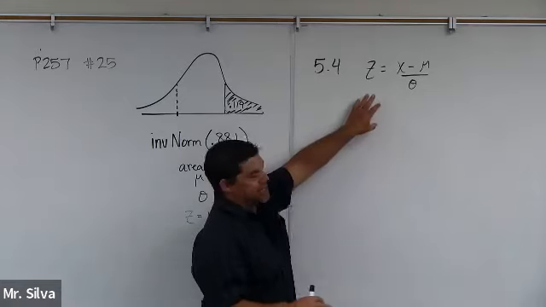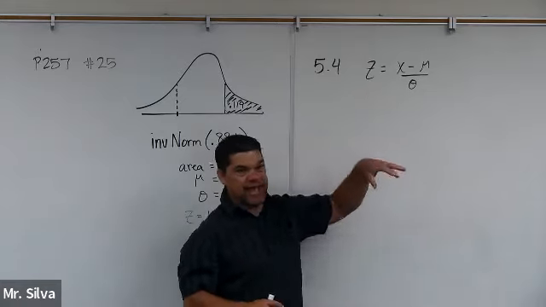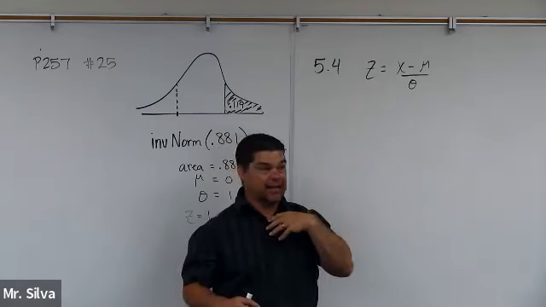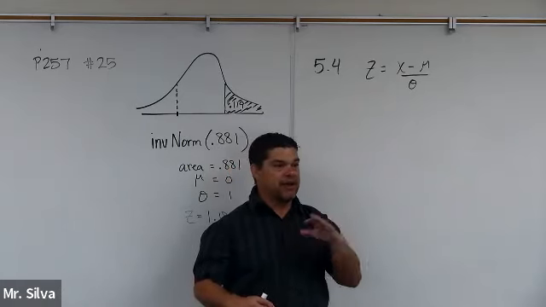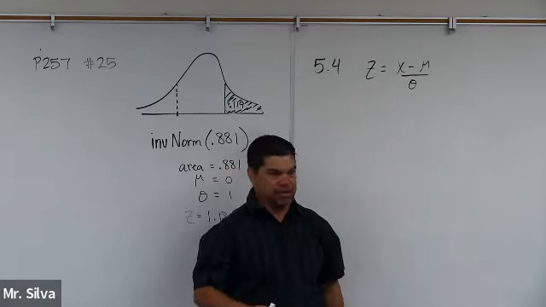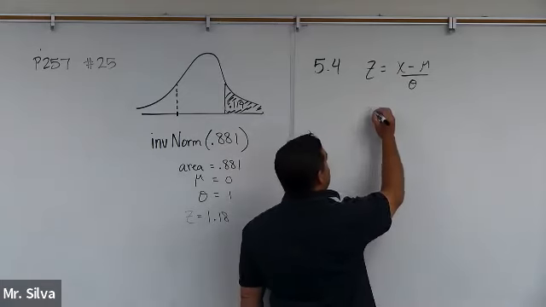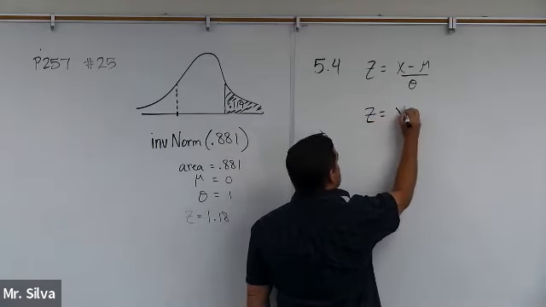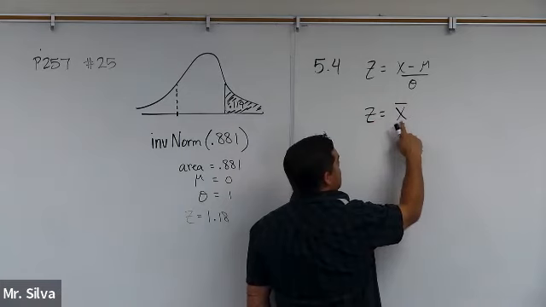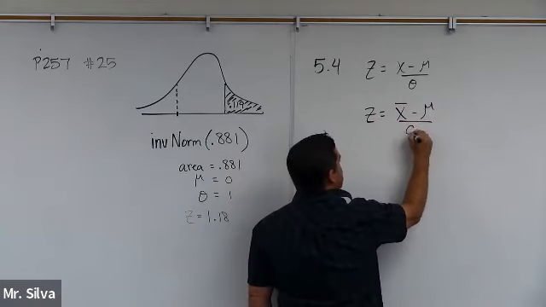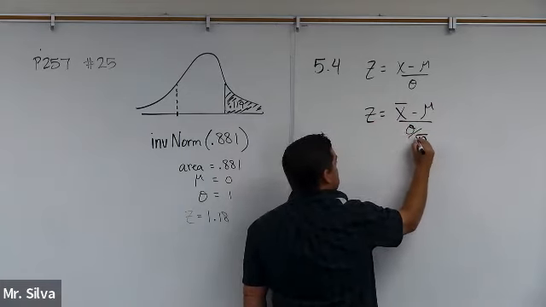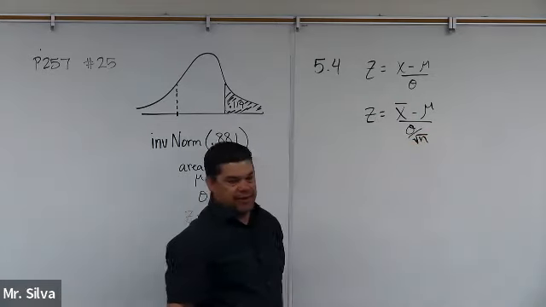That's what this does. I want to take the average of the entire class, and I want to say, I think my students' GPAs are higher than the population of the entire school. So in order to do that, I would go like this. The average of all my students minus the mean, divided by that standard deviation.